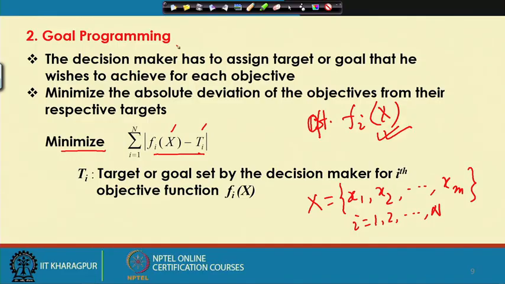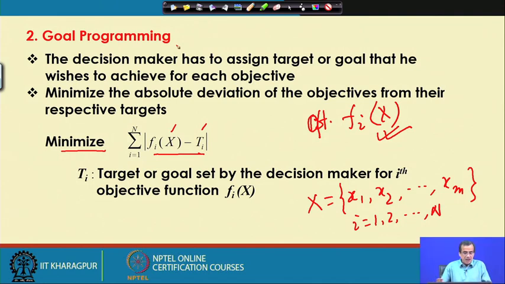That means through the optimization, we will try to hit the target value for each of these objectives. That is the philosophy behind this type of goal programming. Here, we try to minimize the absolute deviation of the objectives from their respective targets.